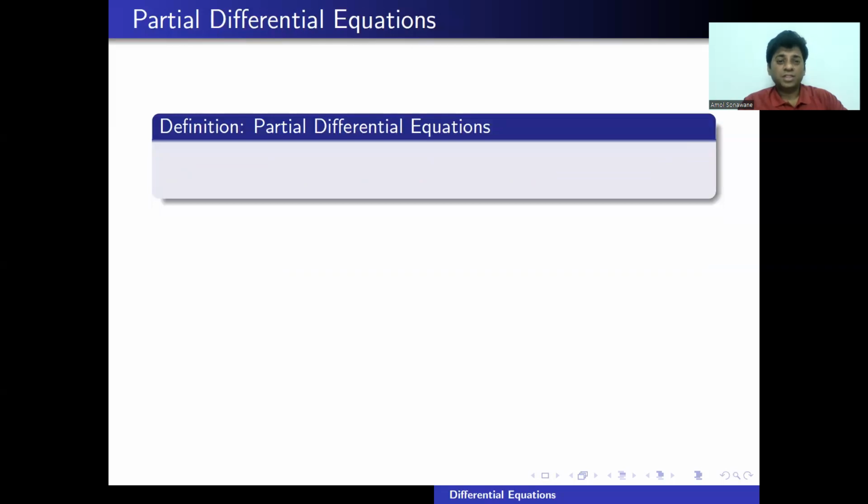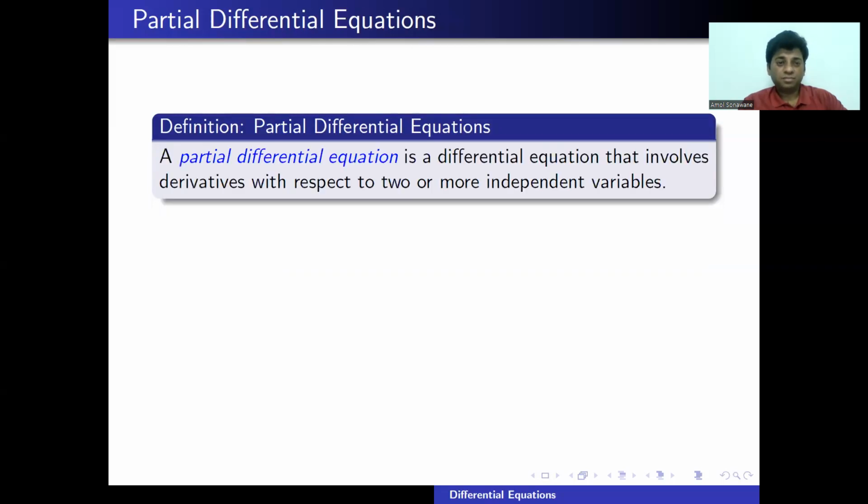Now let's see what is a partial differential equation. A partial differential equation is a differential equation that involves derivatives with respect to two or more independent variables. Let's see the examples. y square into dou z by dou x plus xy into dou z by dou y is equal to x into z.